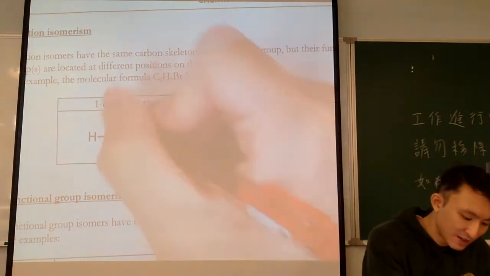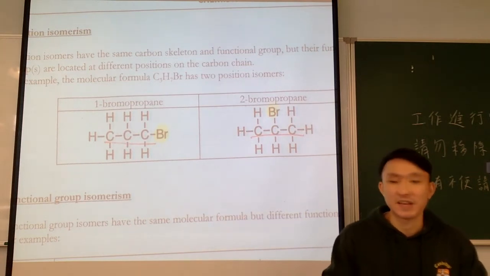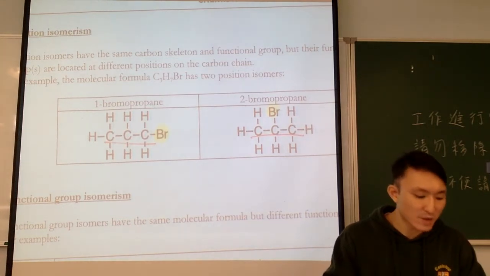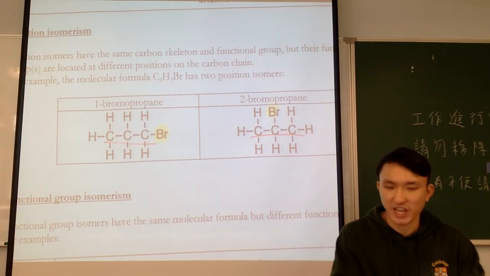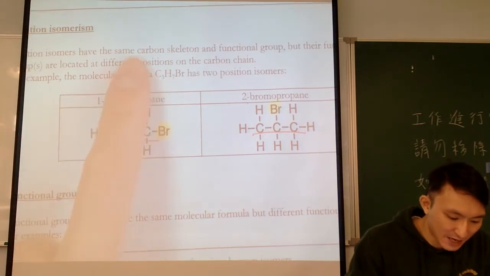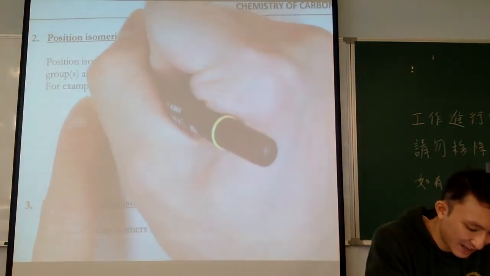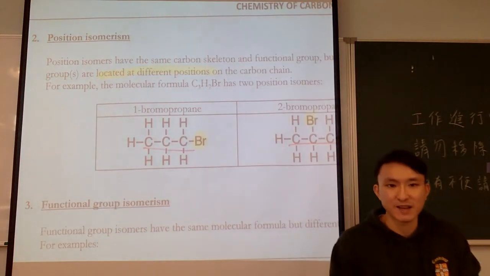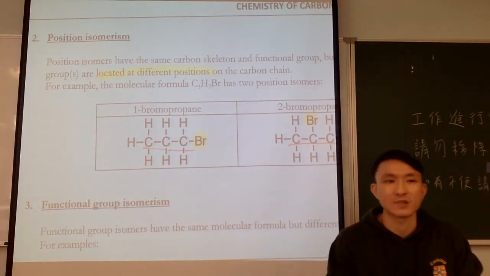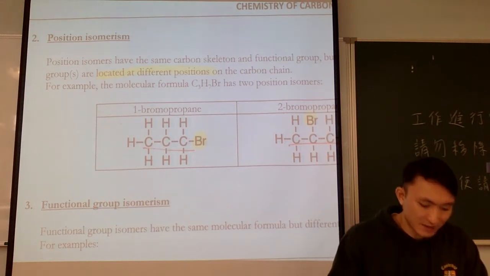Both of them have 3 carbons being the longest carbon chain. So this one is not considered as the chain isomerism. Instead, this one is called position isomerism. Okay? So here, they have the same carbon skeleton and functional group, but their functional group are located at different position. It could be the functional group, it can as well be a side group. So that makes the difference.